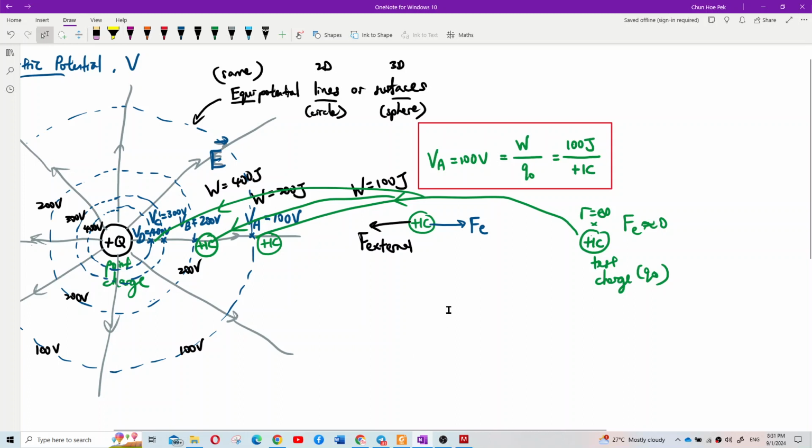Now, class. Let's say now instead of 1 coulomb, I want to bring positive 10 coulomb.